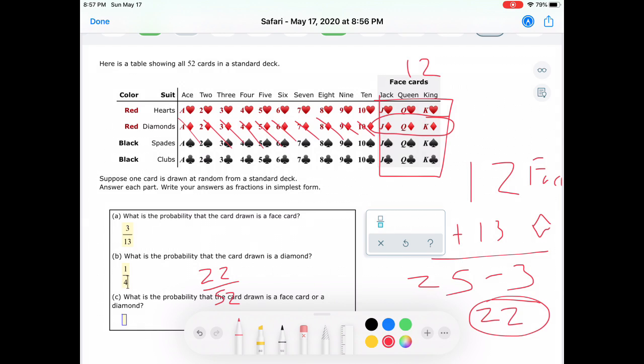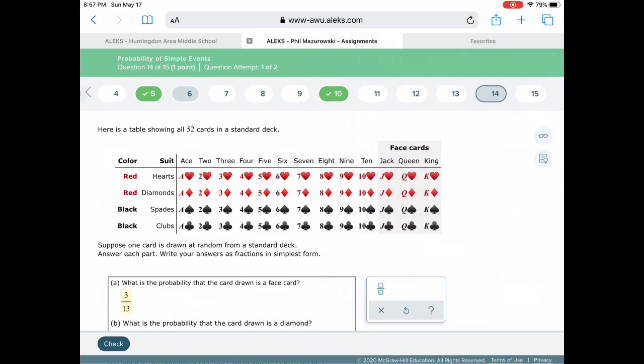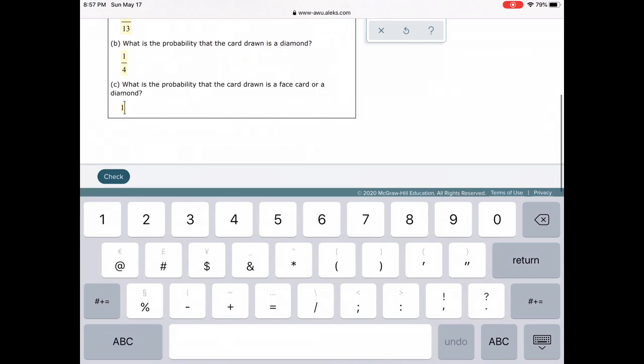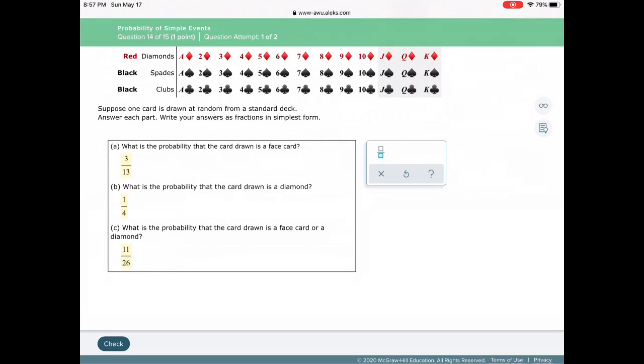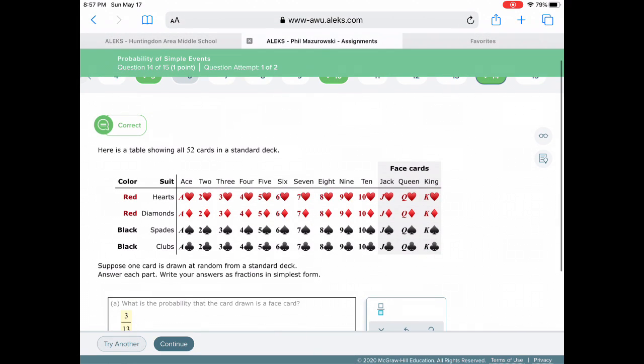So 22 out of 52. Need to simplify this again. I'm going to divide both of these by 2 and get 11 out of 26. So let's go ahead and put that answer, 11 out of 26, and we are correct there.